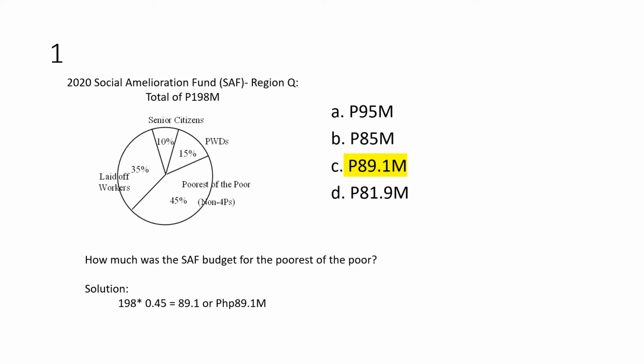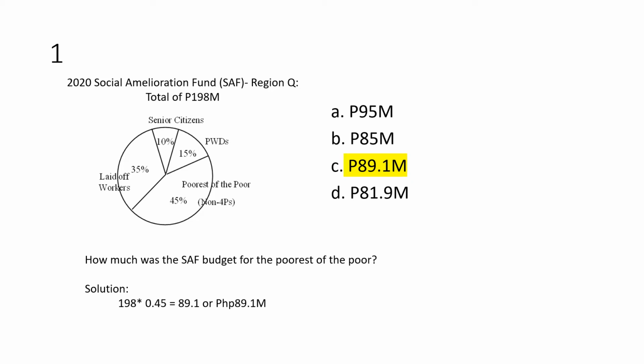For number one, we are given the distribution where we have the allotment for senior citizens, PWDs, the poorest of the poor, and laid-off workers.